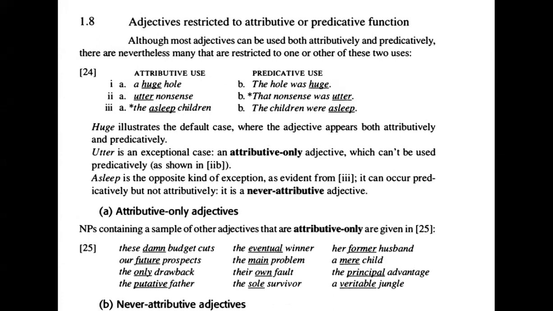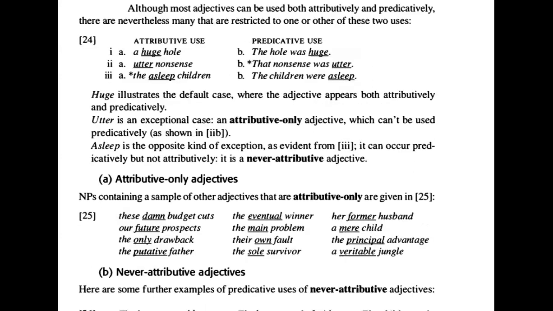So do not be confused, because as I said, most adjectives can be either attributive or predictive. Altered nonsense, that nonsense was altered. The asleep children, the children were asleep. These examples demonstrate that the same adjective can be attributive and predictive.